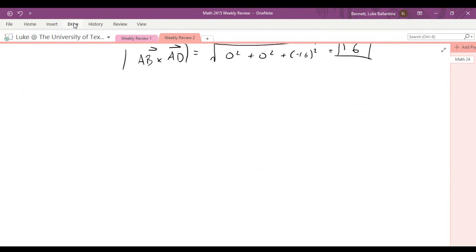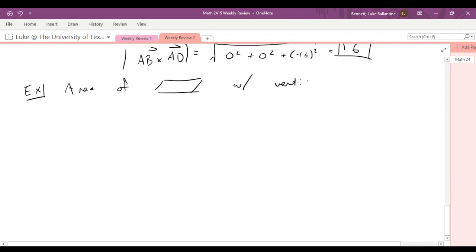Let's try another parallelogram, this time in 3 dimensions. So we want to find the area of the parallelogram with vertices K is 1, 2, 3. L is 1, 3, 6.